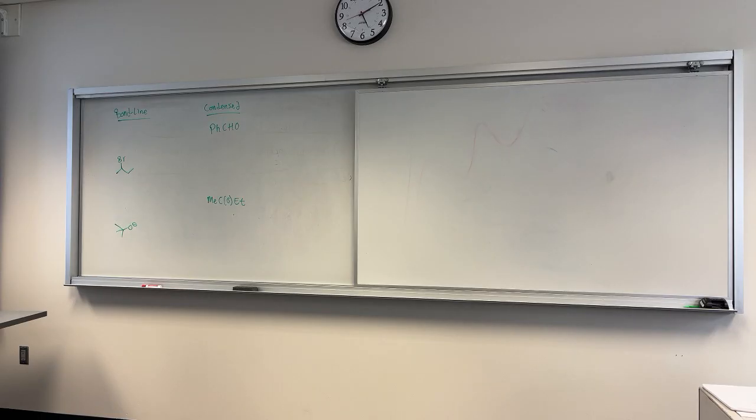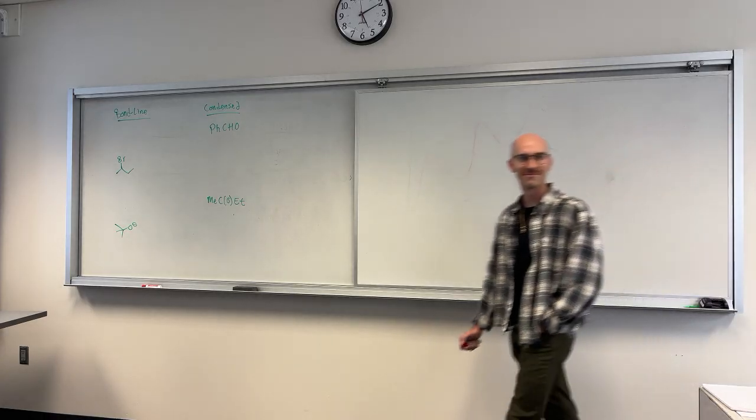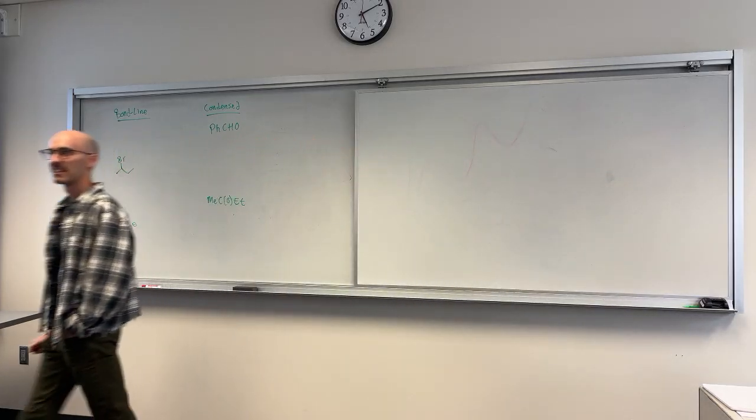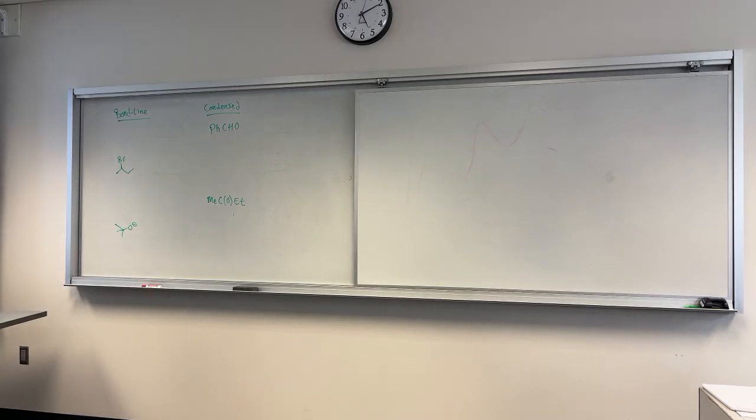This is a sec-butyl. It's the same thing, sBuO, sec-butyl. Yeah, I'll go over them. What do the parentheses mean? It just means that it's not in the chain, it's a branch off.